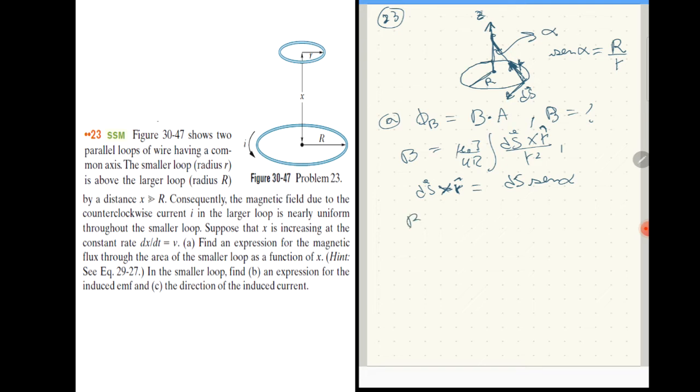So the B field equals the magnetic permeability, I hope I'm not confusing it with magnetic susceptibility, divided by 4 pi, times the current, times ds, over r lowercase squared, and the sine.